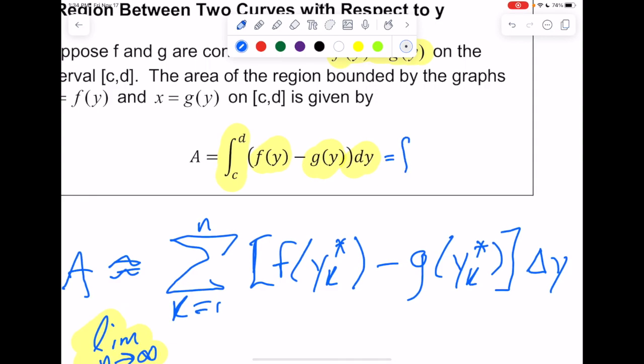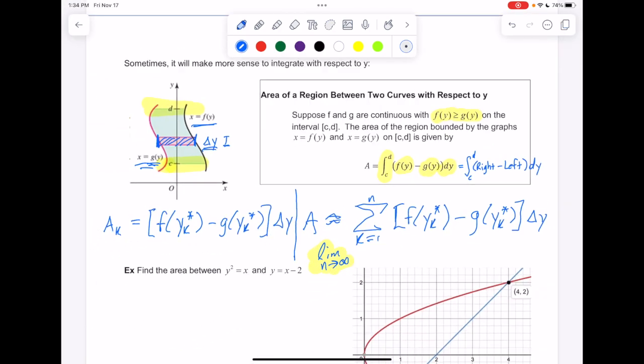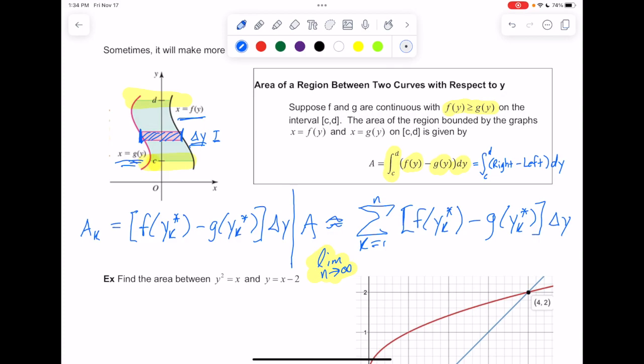So we're doing the integral from c to d of the right-hand side minus the left-hand side times the thickness, which would be the dy. So same idea as before, but instead of doing top minus bottom, when we do a dy to make sure that we get a positive height for the rectangle, we're going to do right minus left.